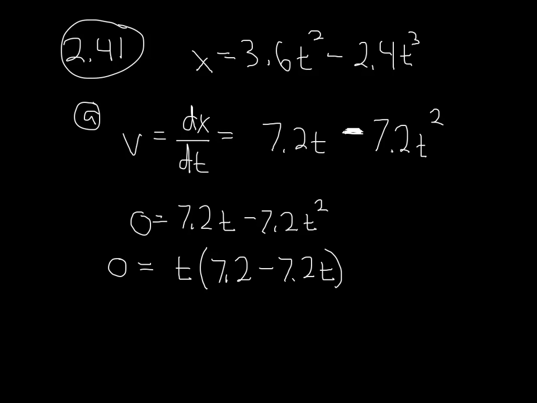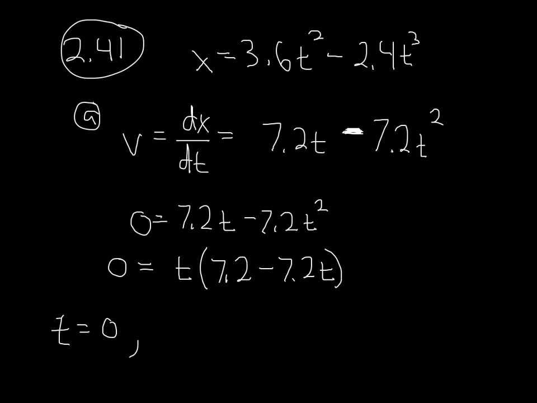So from this, I should be able to see that if t is equal to 0, then 0 times whatever this is times 7.2 still gives me 0. So one way that I can have v equal to 0 is if t equals 0. I'm multiplying these two things together. This can be 0, or this part in parentheses can be 0.